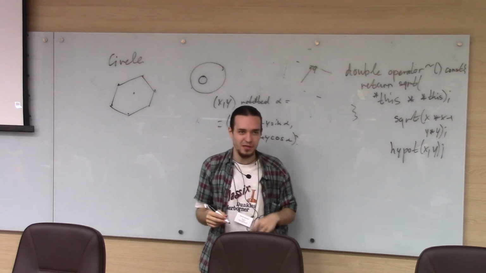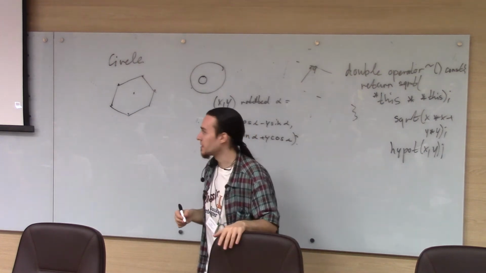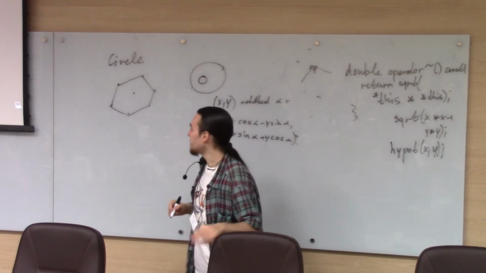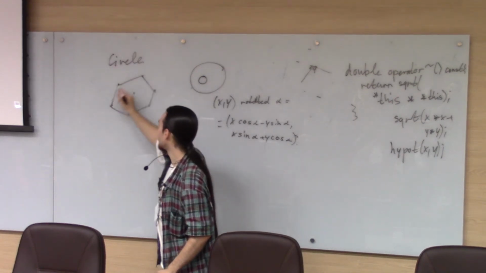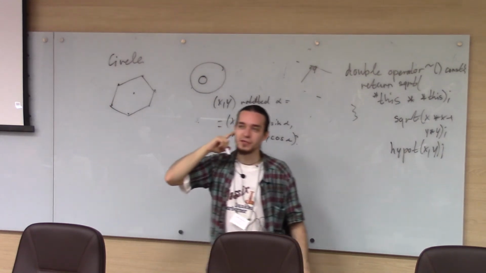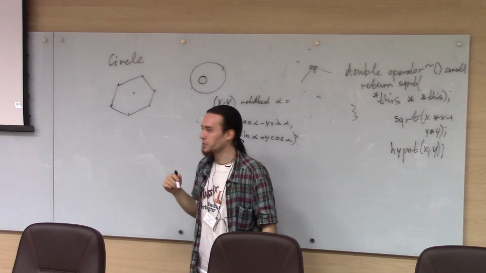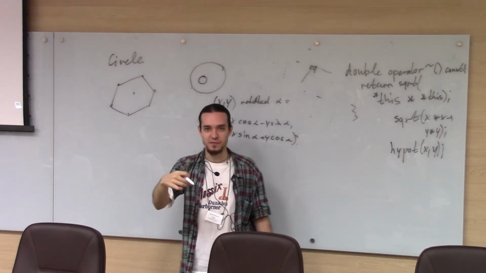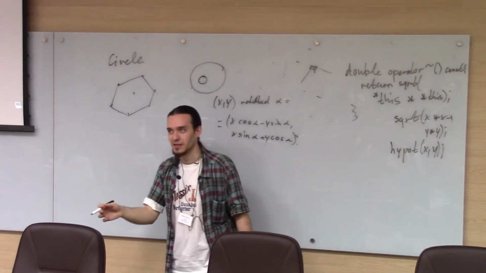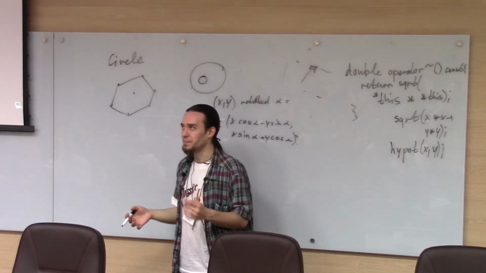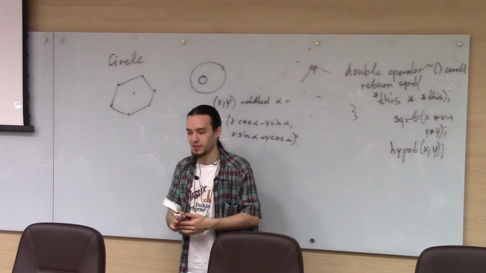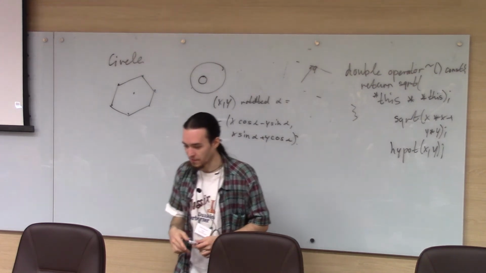It's going to be a convex polygon. And by convex, I mean that if we travel along its border in counterclockwise direction, then we always turn left. We never turn right. There is a more mathy definition of convex, but that's basically enough for us.